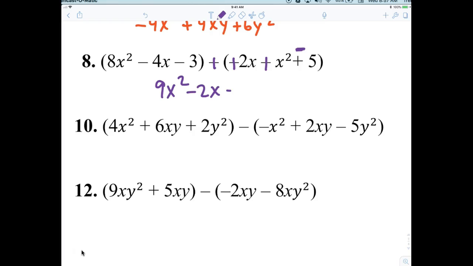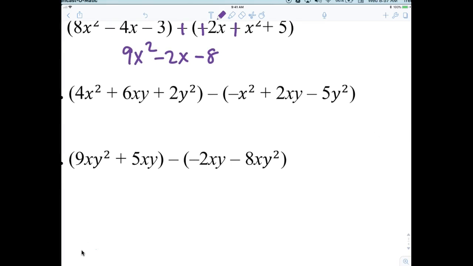Negative 8, I believe, because the 5 is negative. Now again, for the next one, negative is a positive, negative, positive. Everybody see that? Don't be lazy. Change the signs. I used to circle them just so I could see it better.